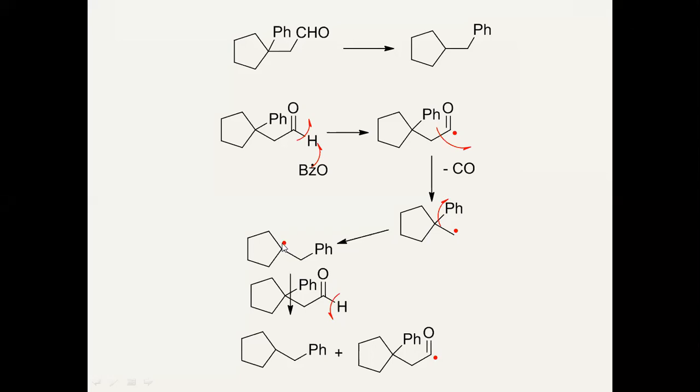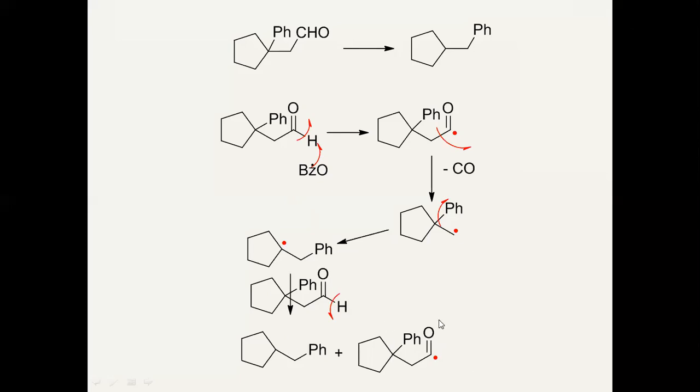This radical takes hydrogen either from this next molecule or maybe from the BzOH compound, and again it will generate the new radical and the product.